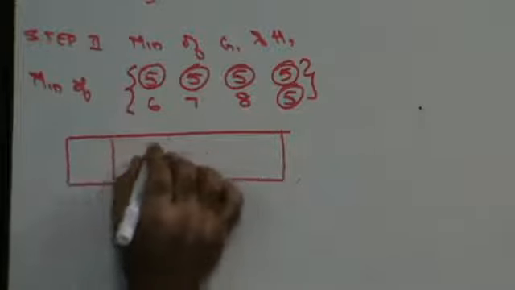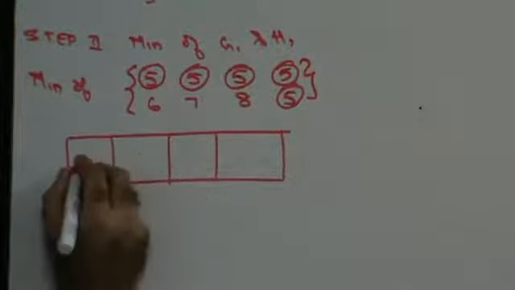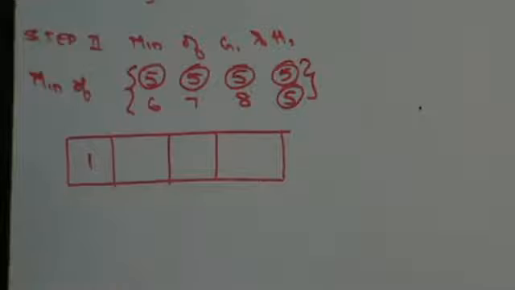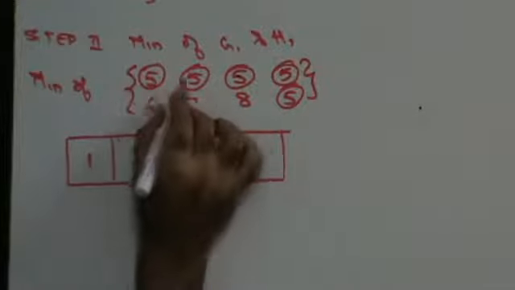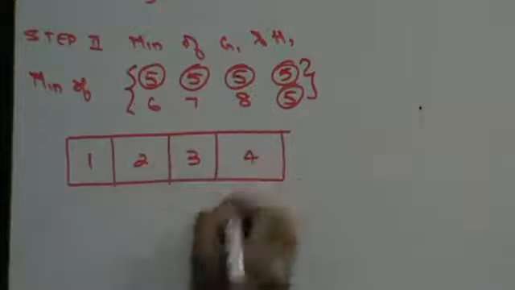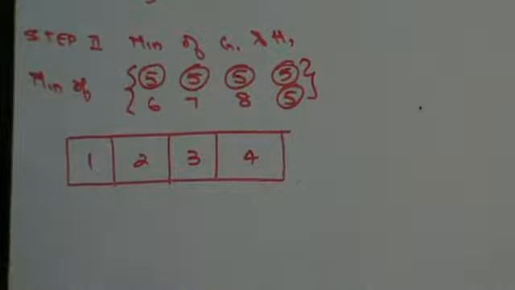You have 1, 2, 3. Now either, guys, I could take job number 1 first. I could take 1, 2, 3 and 4. All of them are 5, so I can use any alternative.